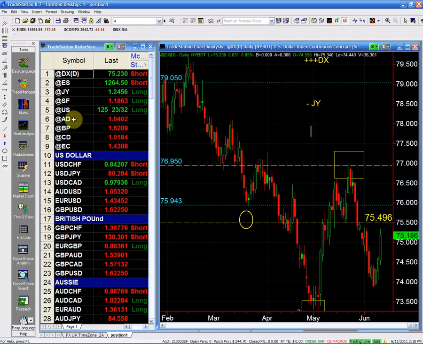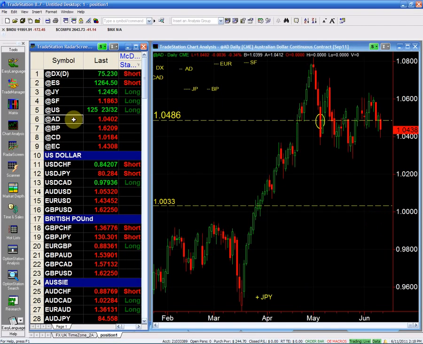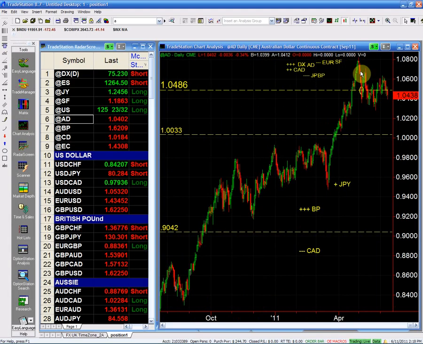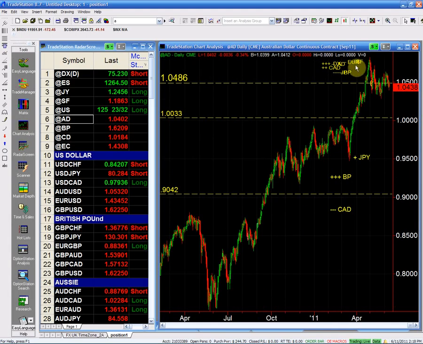It is a strong currency, but there are beginning signs of serious weakening on the Aussie dollar, specifically a trade below the 104.86.